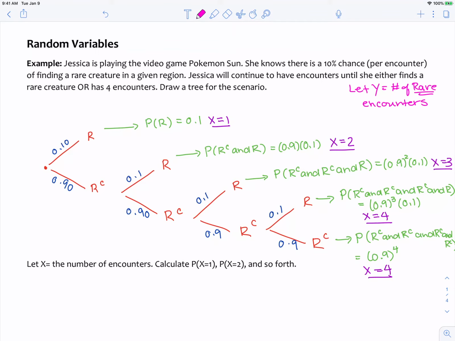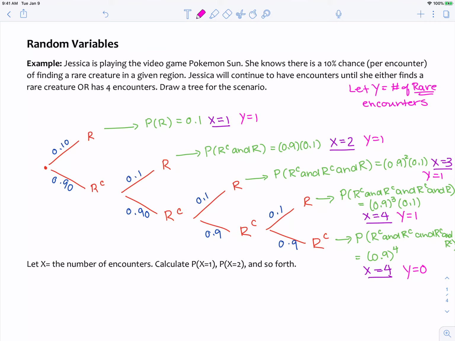Okay, and so in this case, y is equal to 1 on that branch, y is equal to 1 on this branch, y is equal to 1 on this branch, right? And so on. This would be y is equal to 1 and y is equal to 0, right? And I could look at it in terms of not rare encounters. I could do a bunch of different things that I'm going to look at specifically within a more general scenario.